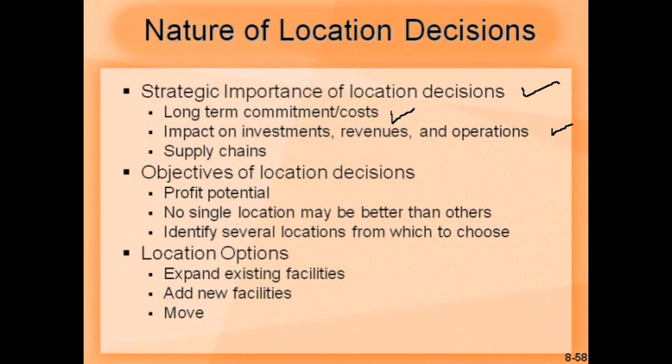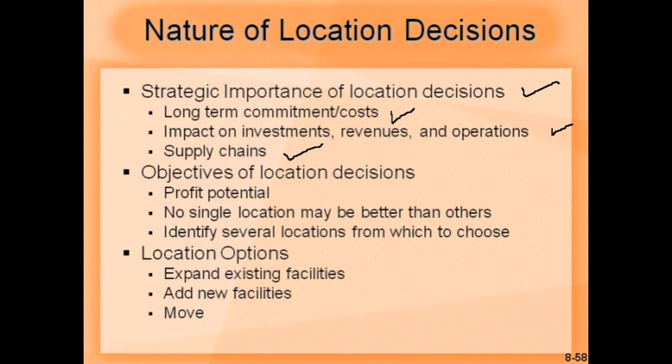Also, supply chains. It also depends on what position of the supply chain a company is in. If a company is at the beginning of the supply chain, where they are basically getting the raw material and supplying it to another company, they have to locate themselves in those areas where they can get raw material more easily.